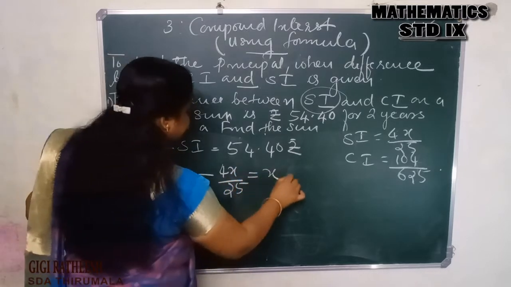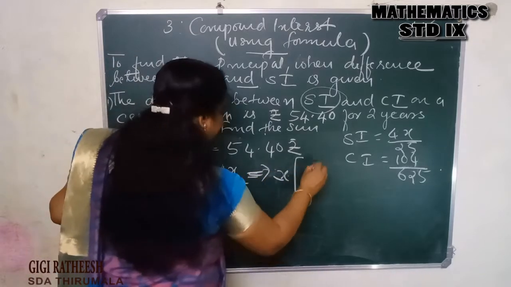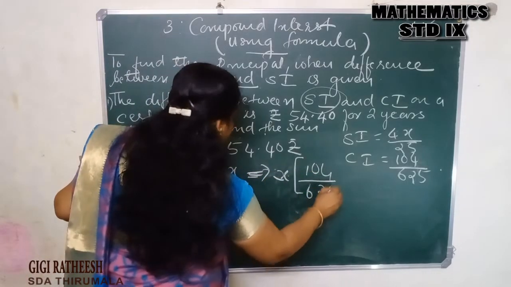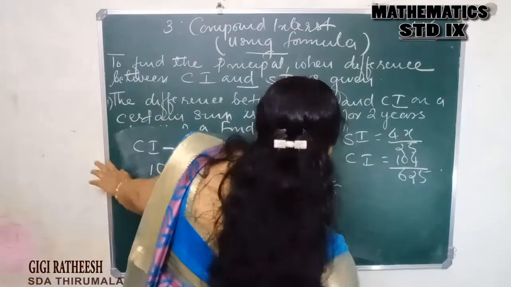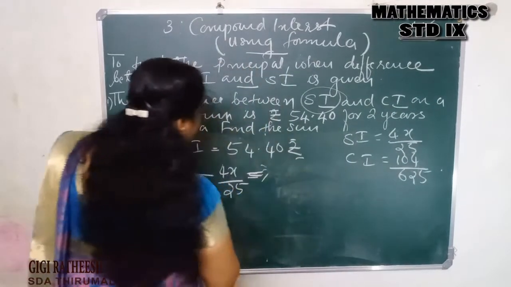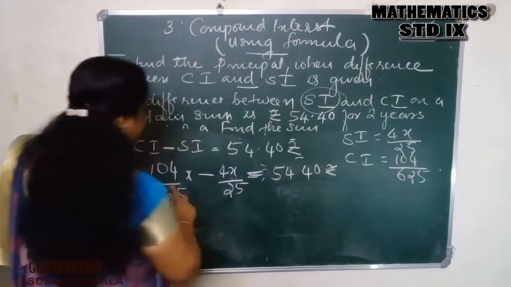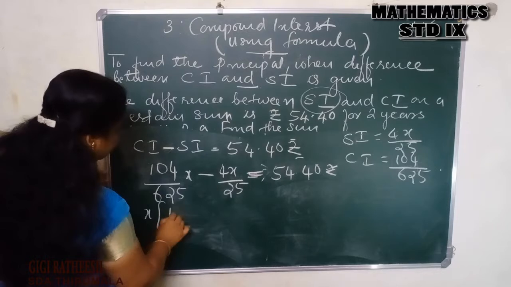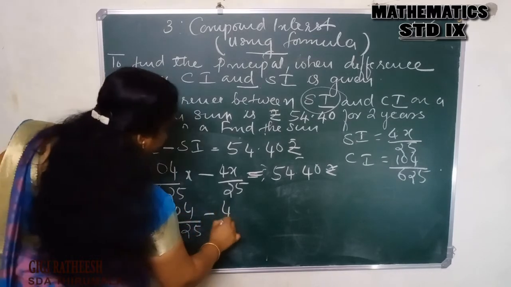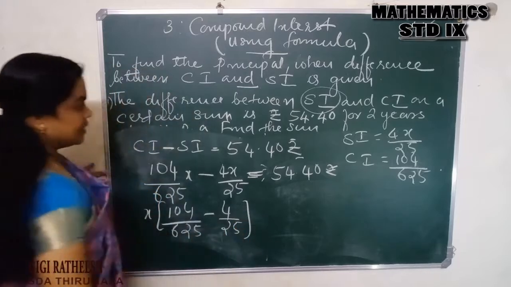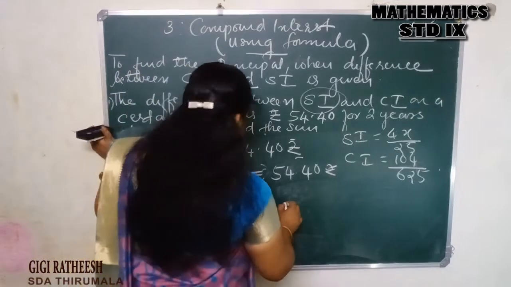Taking X outside, we get 104 by 625 minus 4 by 25, times X, is equal to 54.40 rupees.